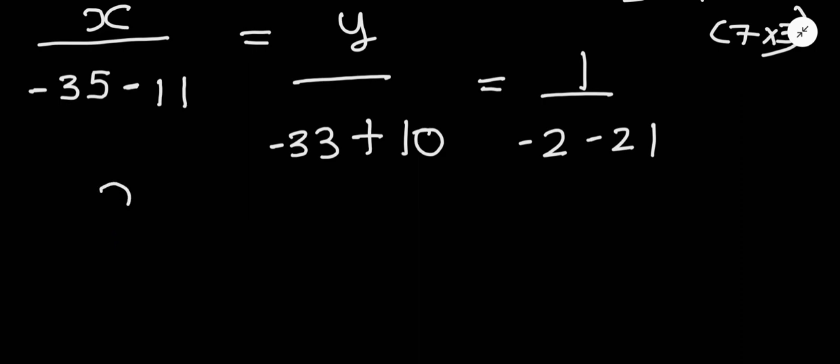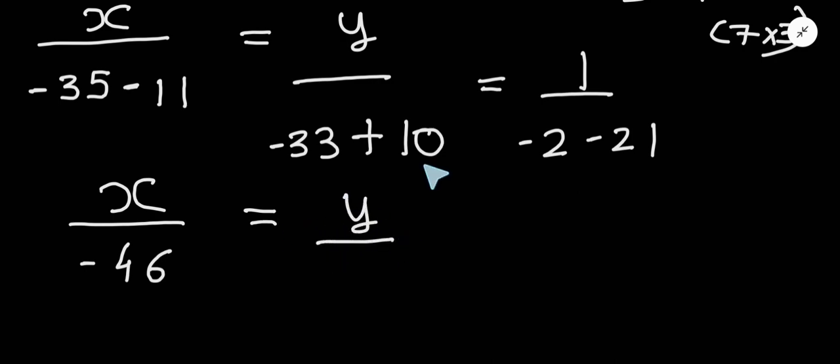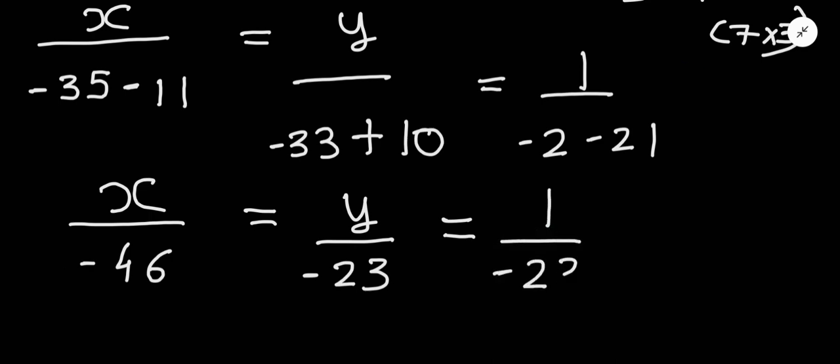So here x over minus plus, so it will be equal to minus 46. So y, 10 minus 33 is equal to minus 23, and 1 over minus 23.